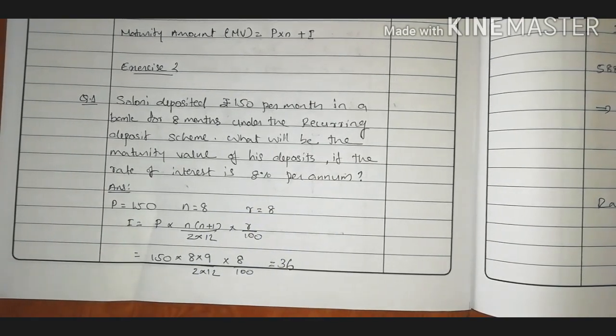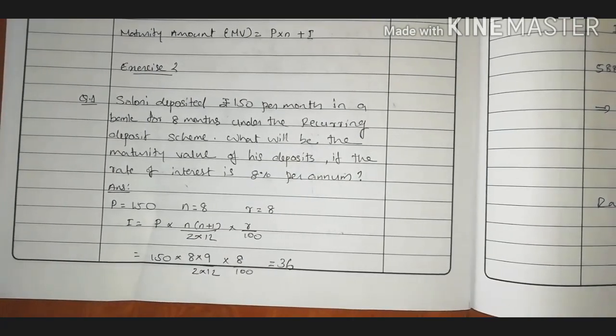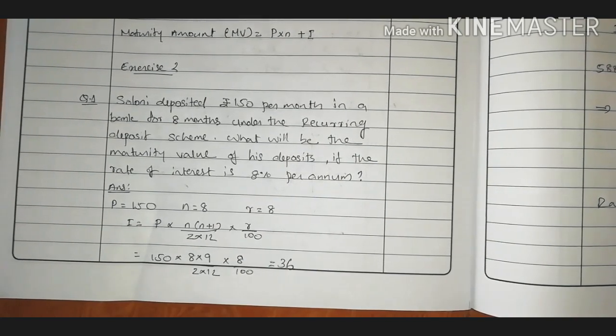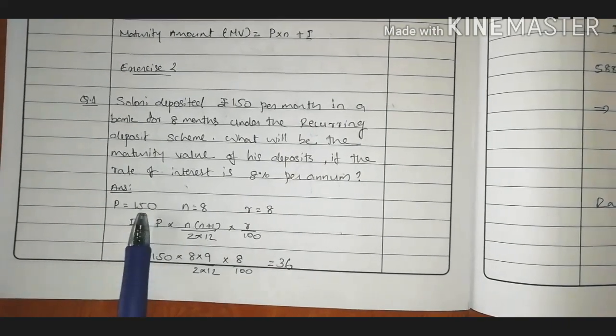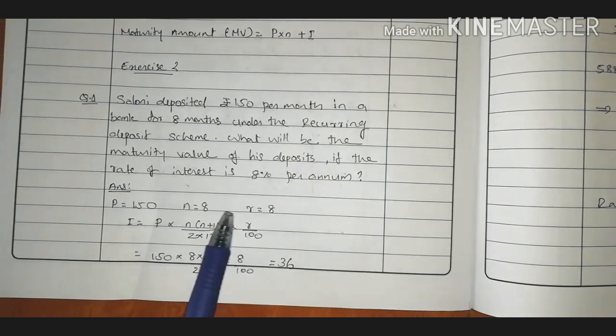Here it is given that she is depositing rupees 150 per month for 8 months. So we can say that P is equal to 150, N is equal to 8, and the interest rate R is equal to 8.